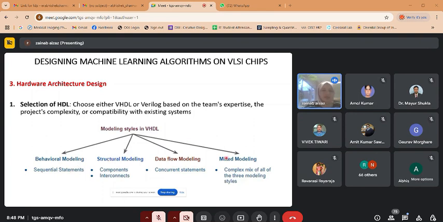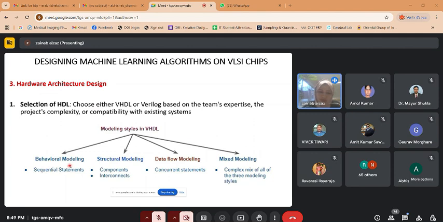Why? Because the memory design is having a different thing. Memory design is mostly suitable with behavioral modeling, because it's like an FSM, a finite state machine, when you're designing a memory. But when you're designing a MAC, a multiply accumulator, structural modeling is better than behavioral modeling. Why?